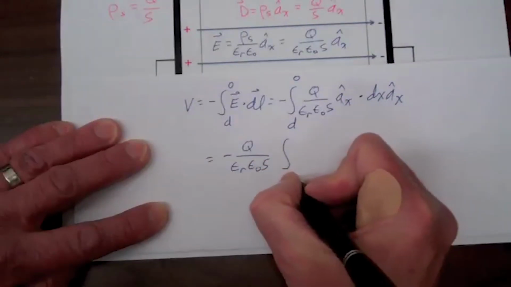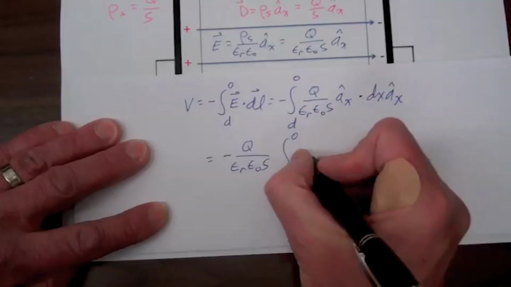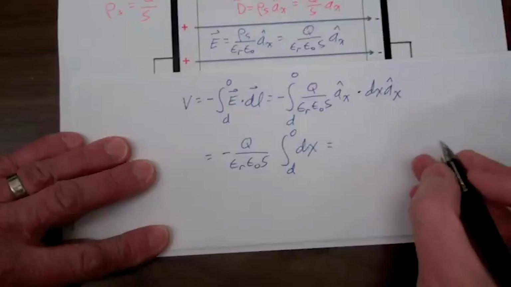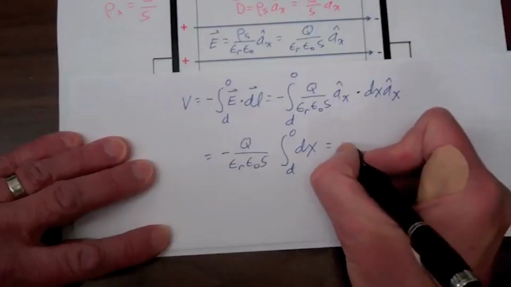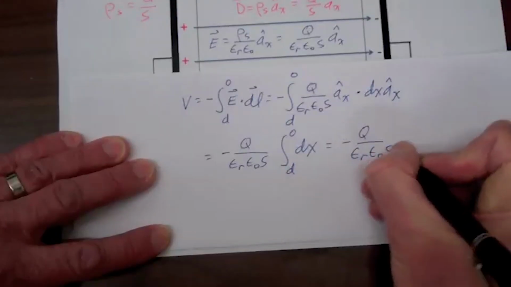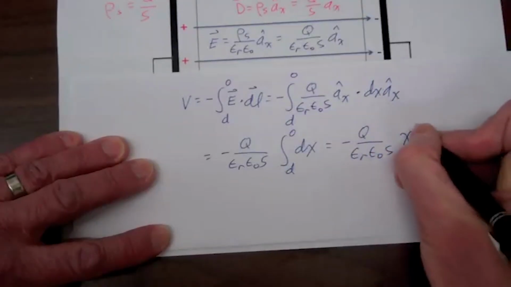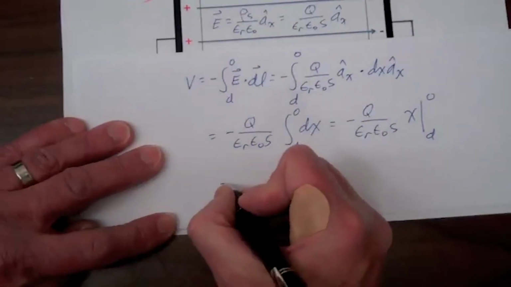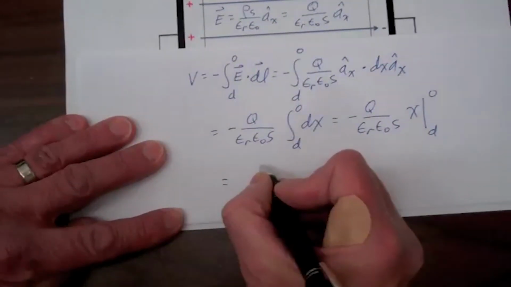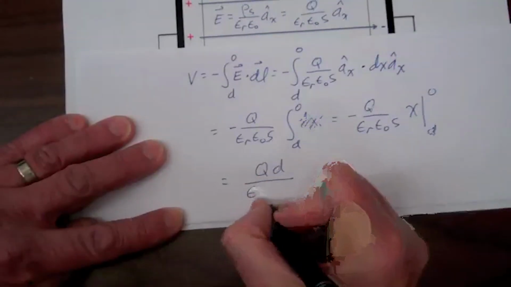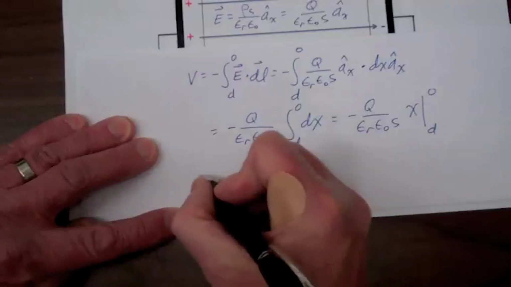So we're left with the integral from d to 0 of dx. So that will be minus Q over epsilon sub r epsilon sub 0 S times x evaluated between d and 0, or the potential is Q times d over epsilon sub r epsilon sub 0 S.